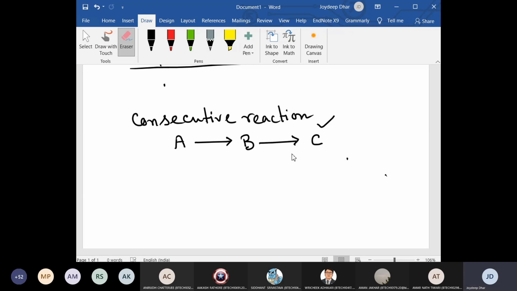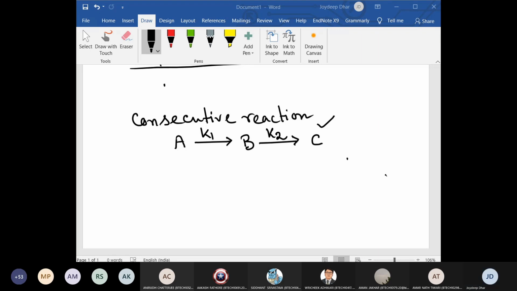In consecutive reaction, I have written A to B, B to C. Now I can assign two rate constants, small k1 and small k2. You have to assume one thing for the sake of simplicity.